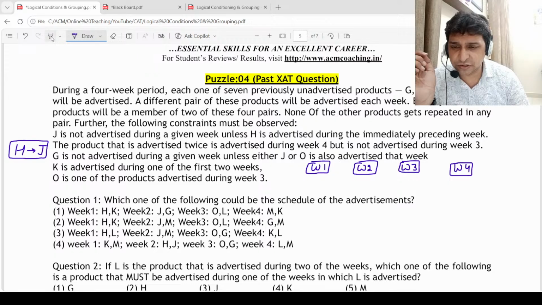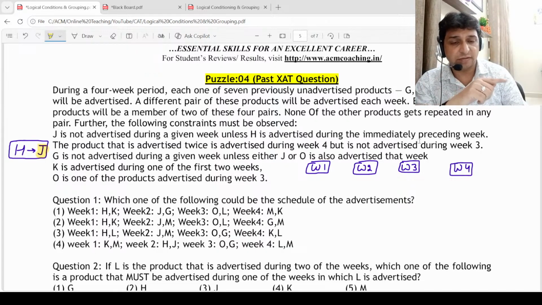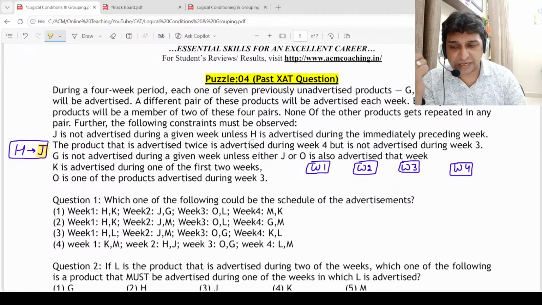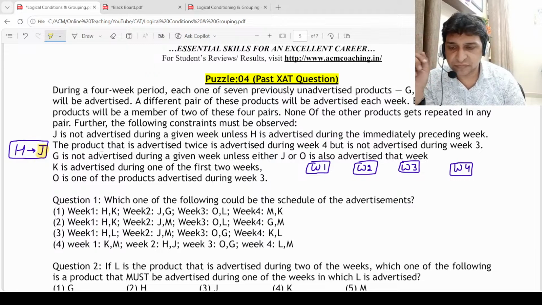But this condition is on J, not on H. H can come independently, but J cannot. If J has to be there, H must be advertised during the immediately preceding week. So if H is not in the preceding week, that means J is also not. So first H has to come. After that, the next week J will come. Otherwise, J will not come. The condition is on J.